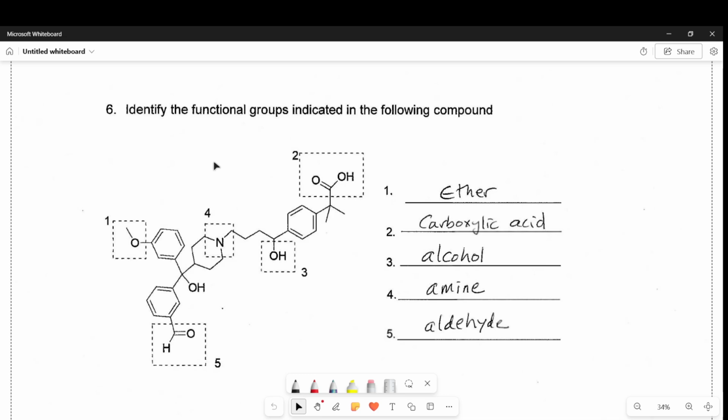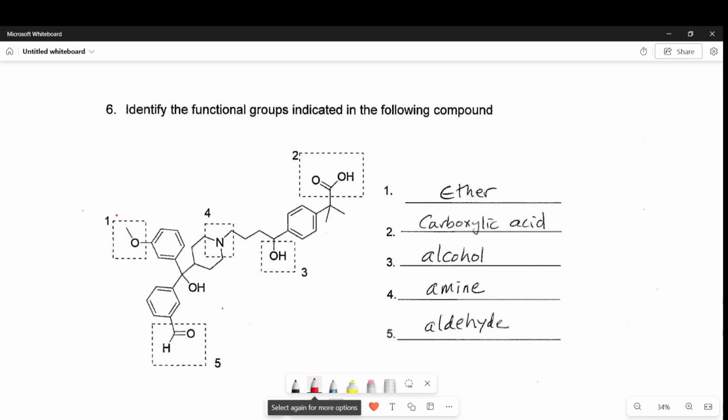Okay, now let's go to the next question, number 6. Identify the functional groups indicated in the compound. This is a complex compound, but it's only necessary to know the functional groups, what the compound contains.